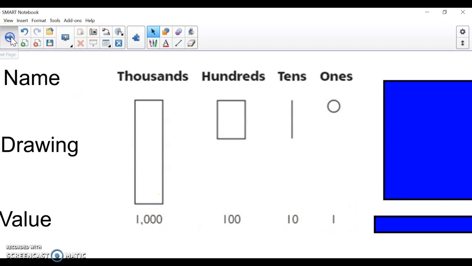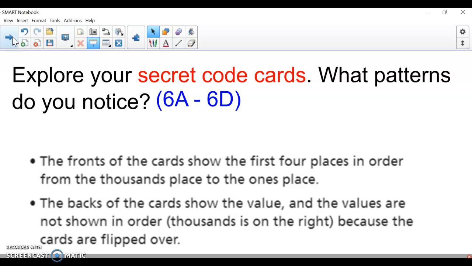Well, let's take a look at, open up your book to page 7. Oh, not yet, we're almost there. Really what I want you to open to is 6A to 6D. And so you're going to see some blue cards that you're about to cut out. And so the front of the card shows our first 4 places in order, from thousands place to ones place. And you're going to see that pattern.